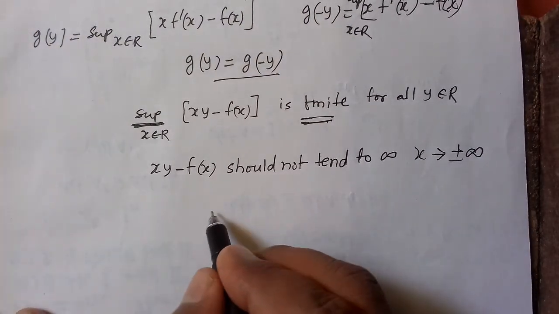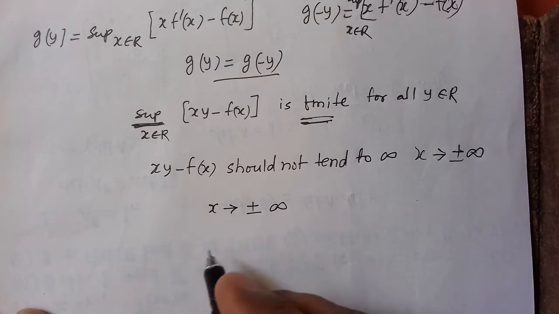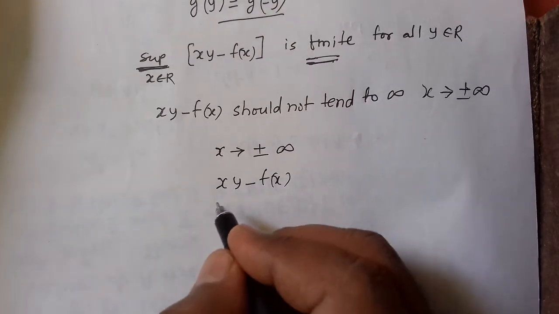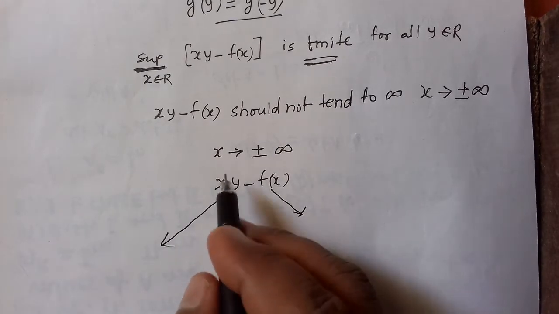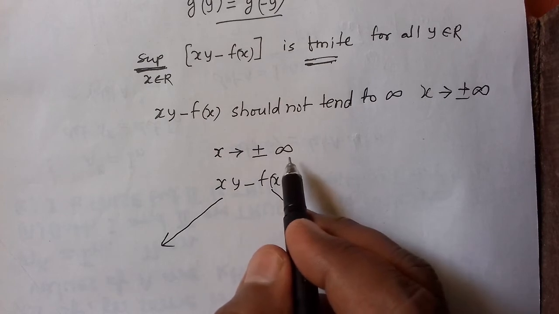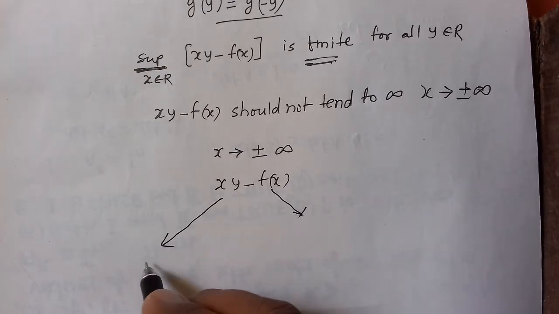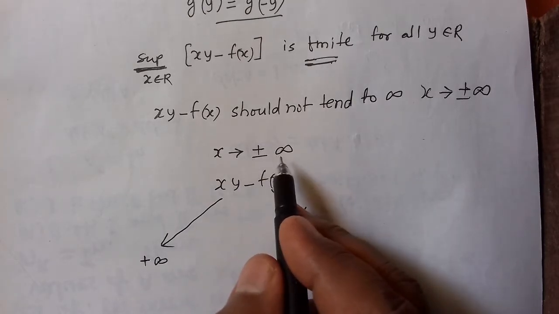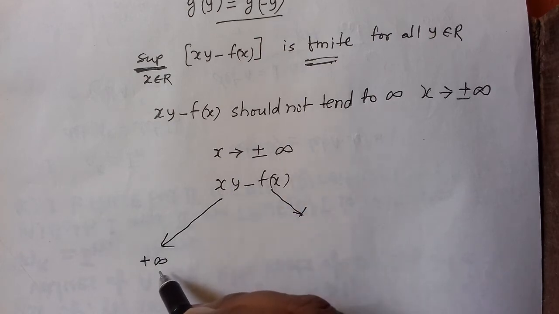Now suppose x tends to plus or minus infinity, and in xy minus f(x) you see two terms. The first one is xy and the second is f(x). Suppose for certain values of y, xy tends to plus infinity. If x tends to plus infinity and y is positive, then xy will tend to plus infinity.